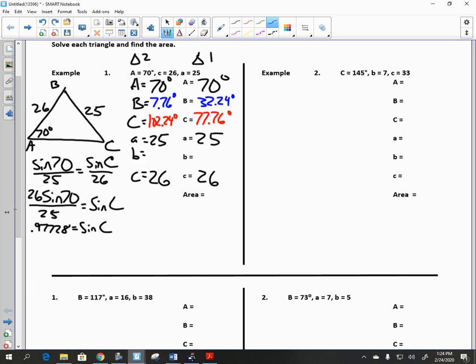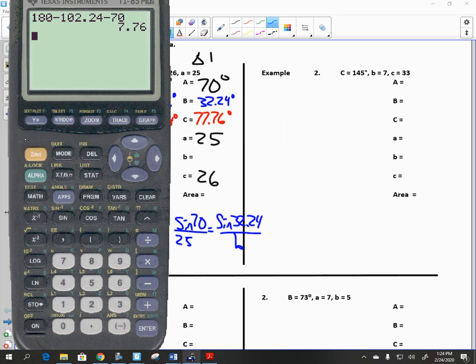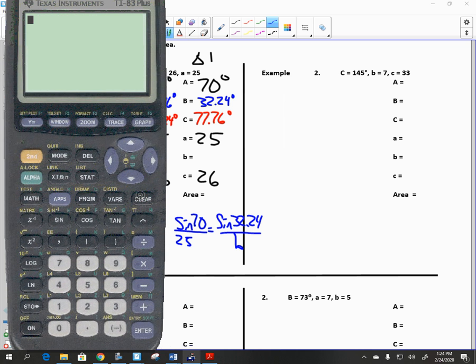I'd like to find side B. Let's focus on triangle 1. How would you find side B? Sine of 70 over 25 is equal to sine of 32.24 over B. Have you practiced this enough now?